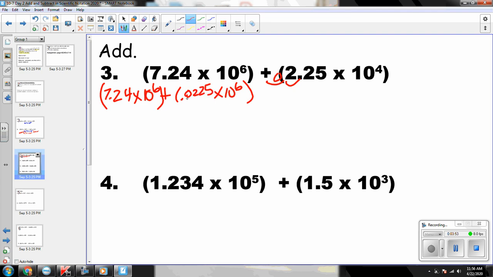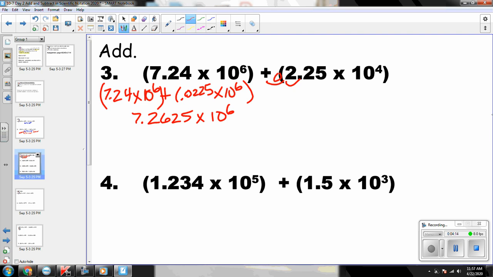Now, since the exponents are the same, I can add. When I add 7.24 and 0.0225, I get 7.2625 times 10 to the 6th. Is this number in scientific notation? Yes, it is. So I'm good there.